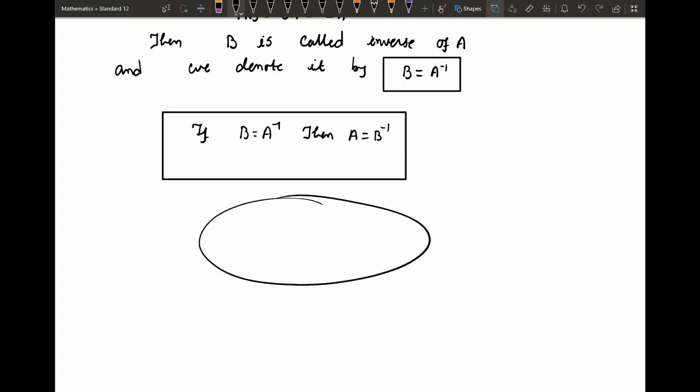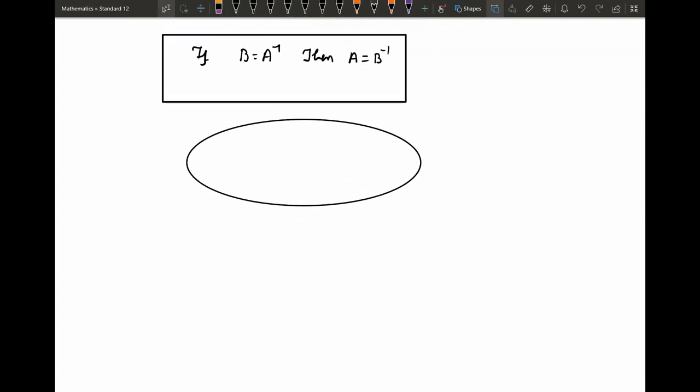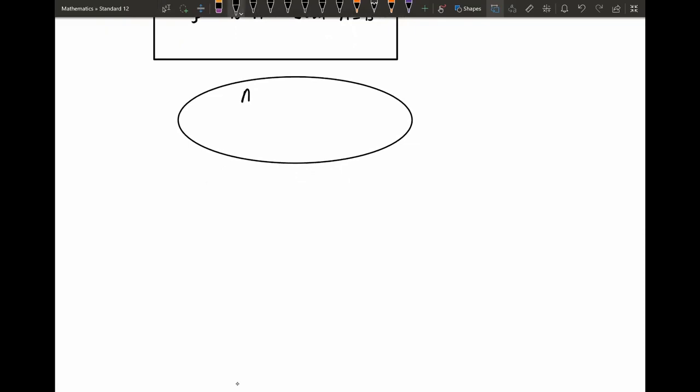Also note this result. AB equal to BA equal to In, but B equal to A inverse. So replacing B by A inverse, this can be interpreted as A into A inverse equal to A inverse into A equal to In, the n by n identity matrix.